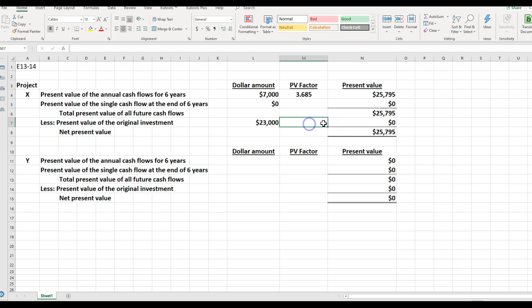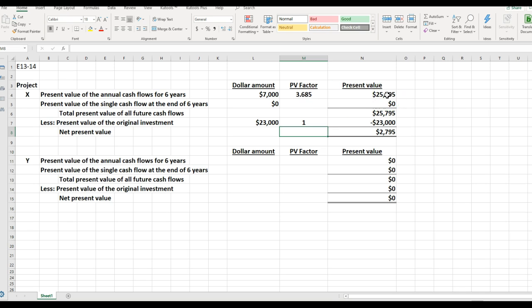The present value of an amount paid today, today's dollars, that's worth what it is today. The present value factor is a 1. So place that in there. So we just computed the net present value of project X. It generates $7,000 each year for 6 years. Present value factor 16% at 6 years.